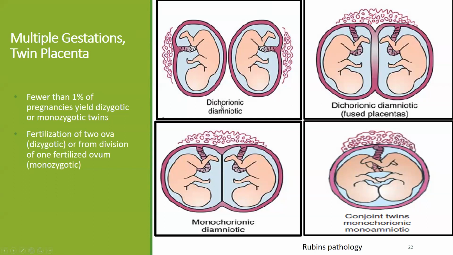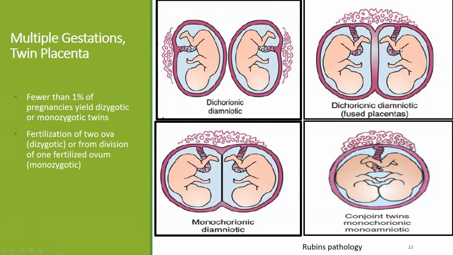Here we have the dichorionic diamniotic twins. Two twins, each of them has different chorion and amnion. So dichorionic diamniotic. It can be dichorionic diamniotic fused.